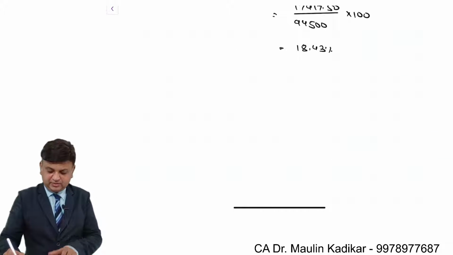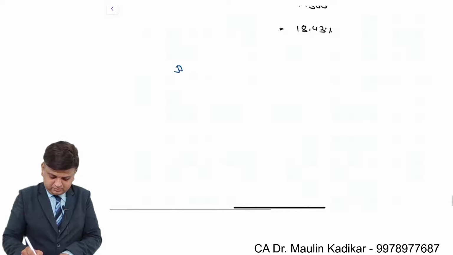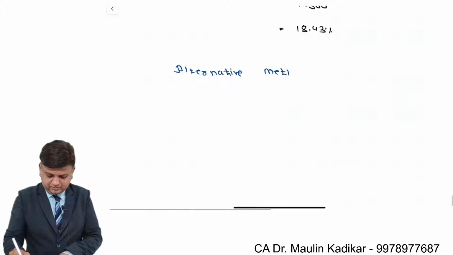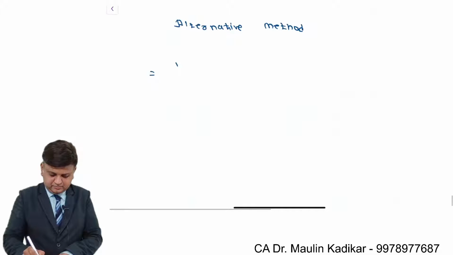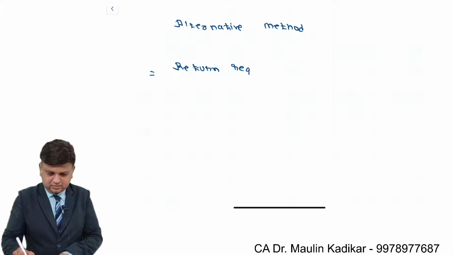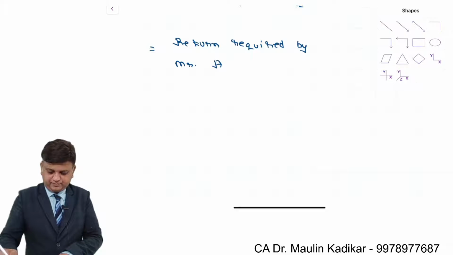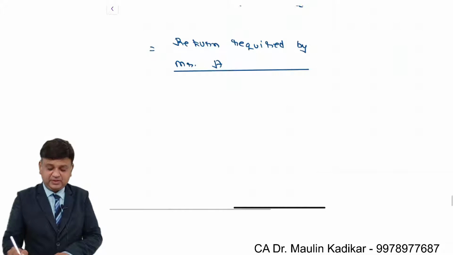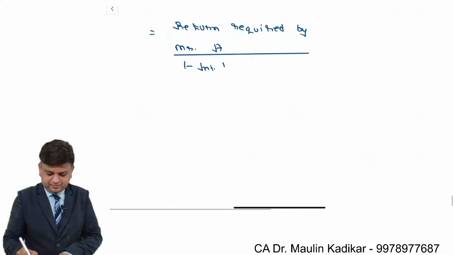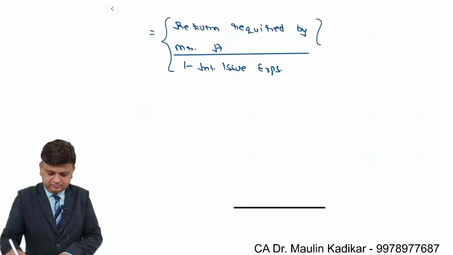Now I am writing the alternative method. In that, return required by Mr. A, that is investor, divided by 1 minus initial issue expenses plus annual recurring expenses.